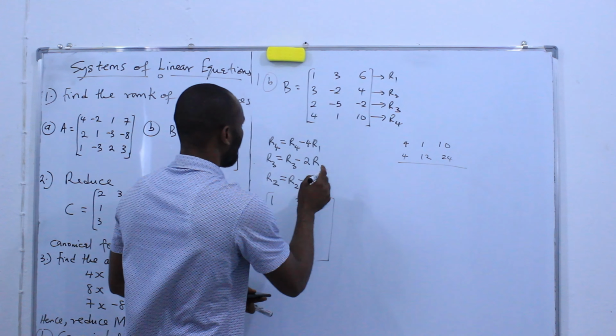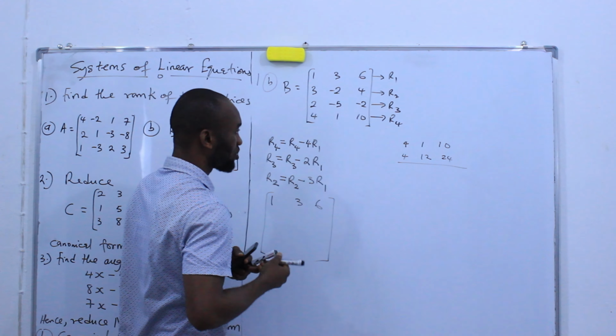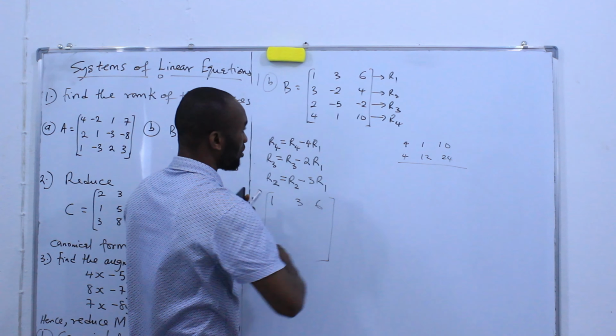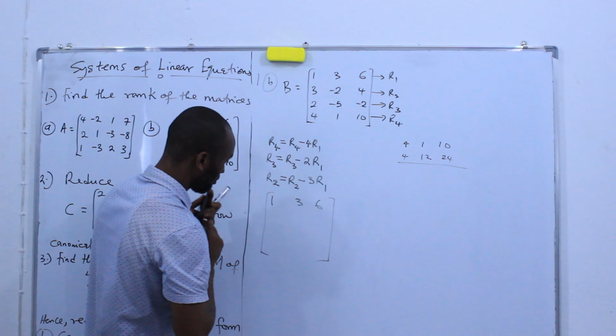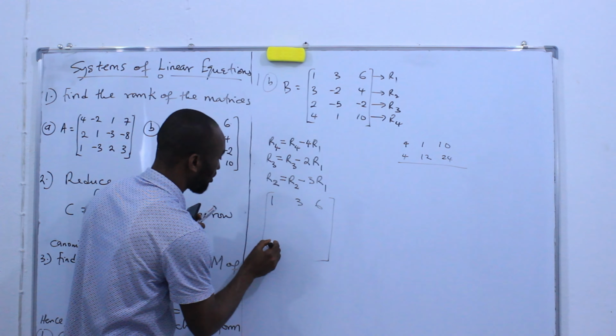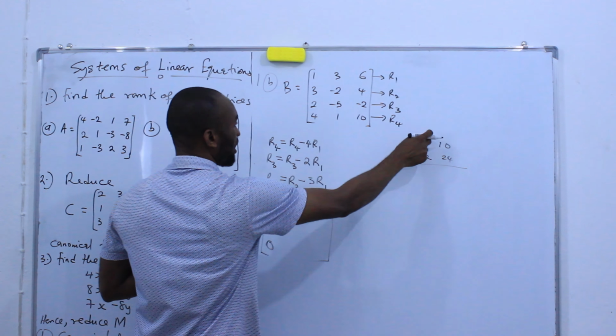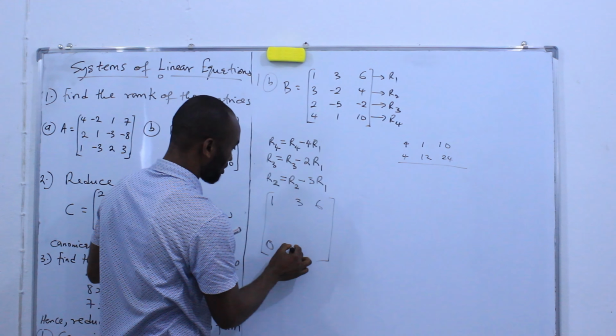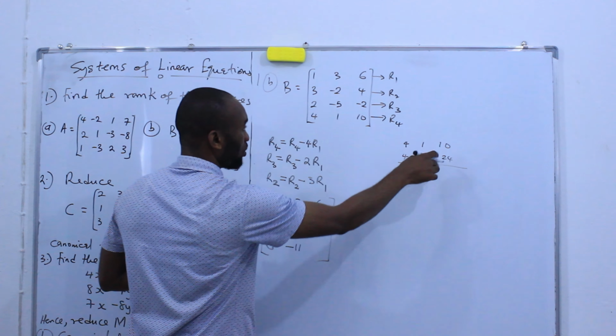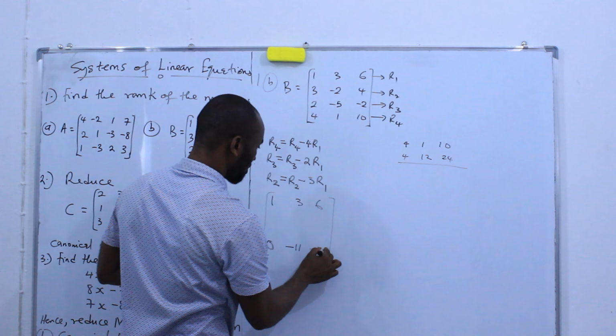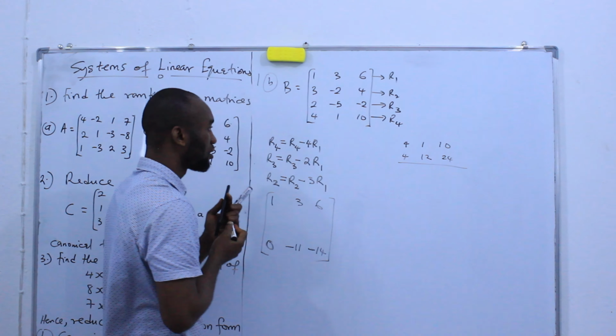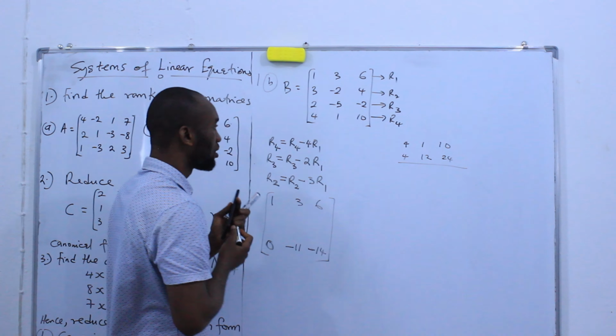For this one, when I subtract, I'll have 0. For R4, when I subtract, I have minus 11. When I subtract, I have minus 14. Now, that is for R4.